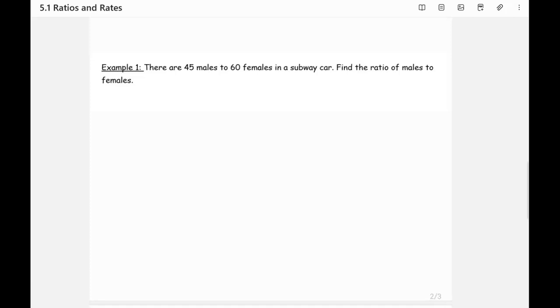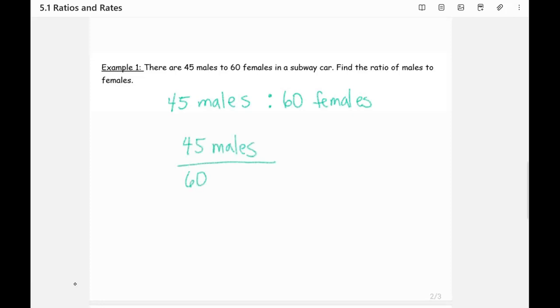We can write it as 45 males to 60 females. And we always want to simplify our numbers. A lot of times the fraction is a better way to do this if we need to simplify, because it's easier to see this.